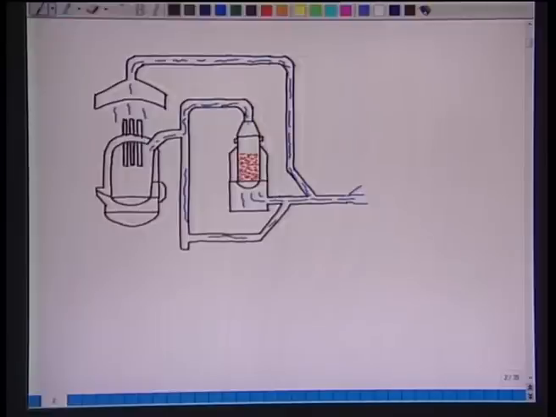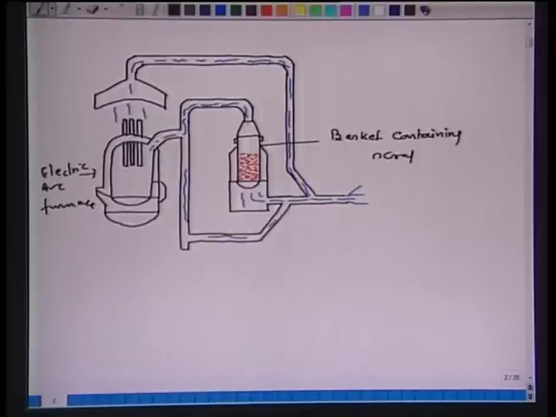Now, here this is the electric arc furnace, this is the basket containing the charge, the basket containing scrap. This blue line is the waste gas. This is of course the hood.